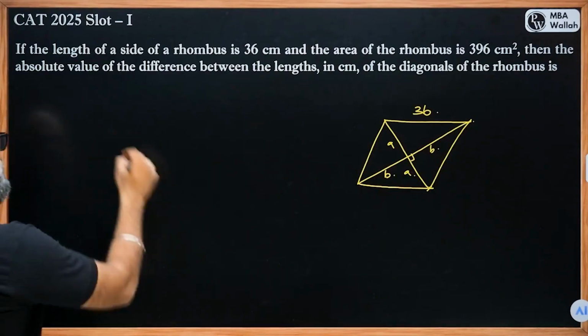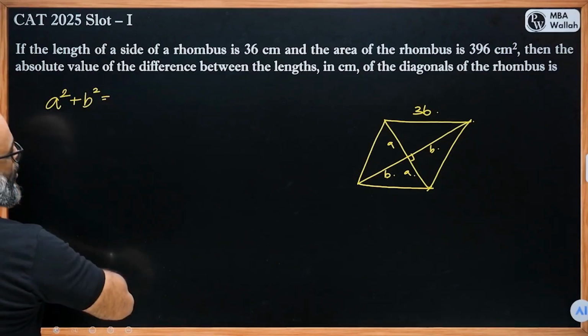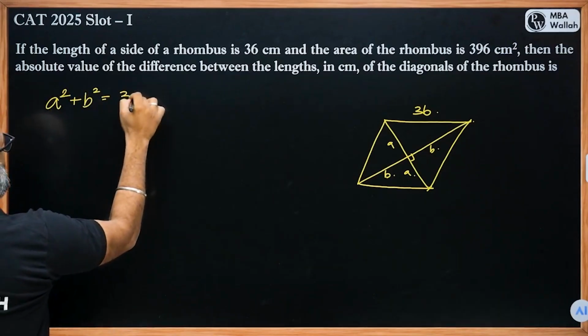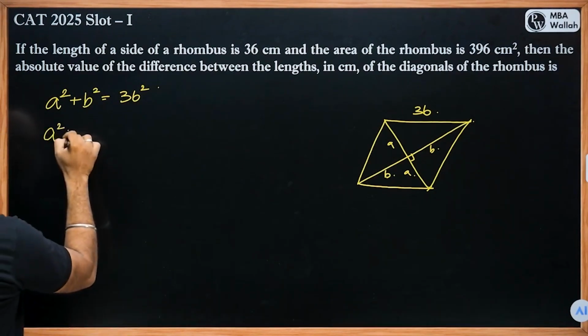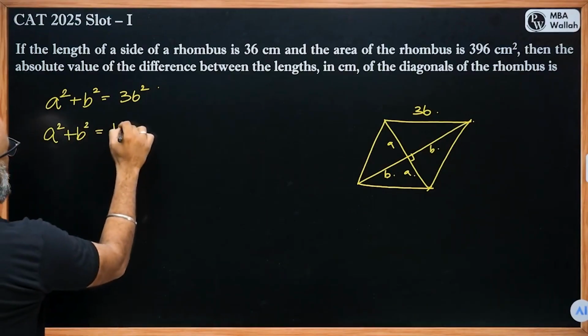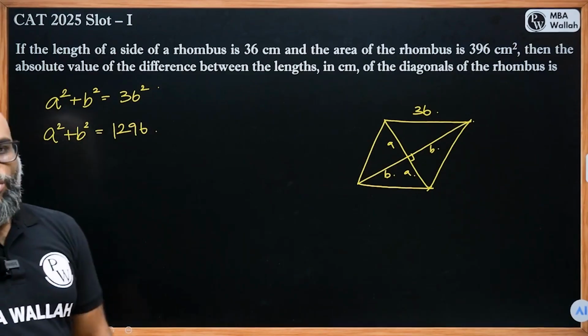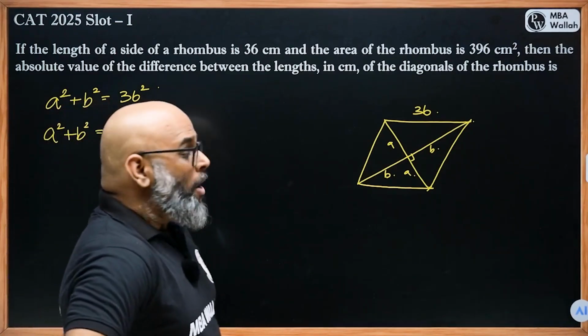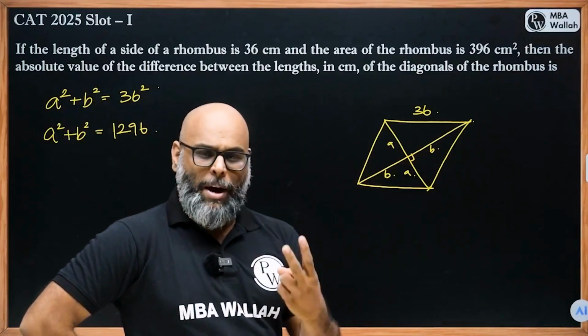Based on that, I can say A square plus B square is equal to 36 square, or A square plus B square is equal to 1296. What else do we know? We know that area of a rhombus is product of the diagonals by 2.